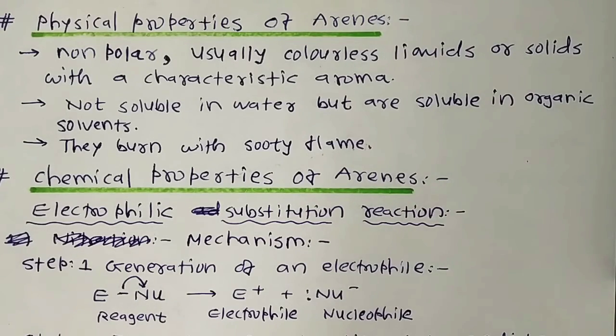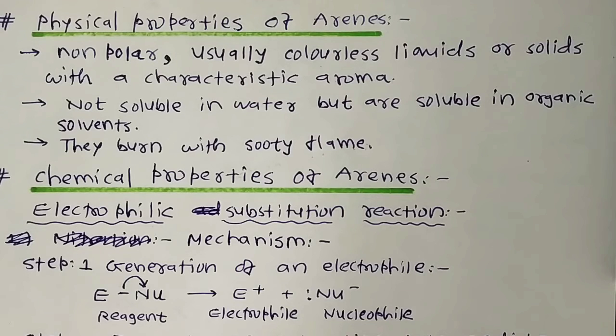Now the most important point is the chemical properties of arenes. As we know, arenes are highly unsaturated hydrocarbons but behave like saturated hydrocarbons due to aromatization. They are more reactive than alkanes but less reactive than alkenes and alkynes.